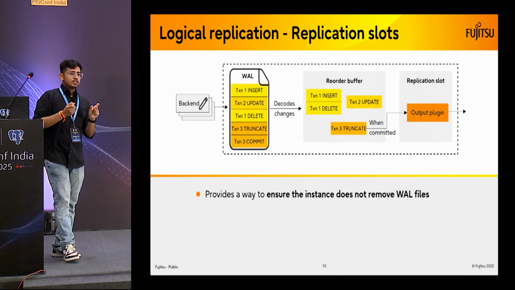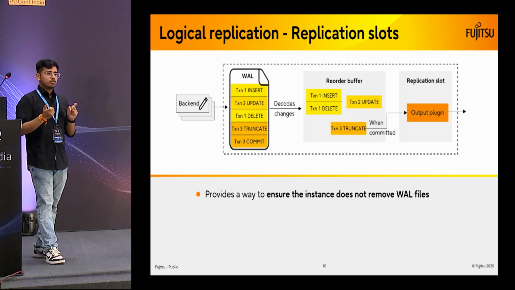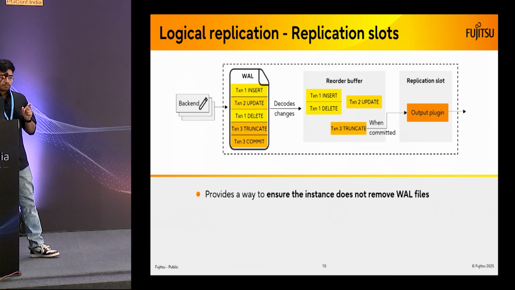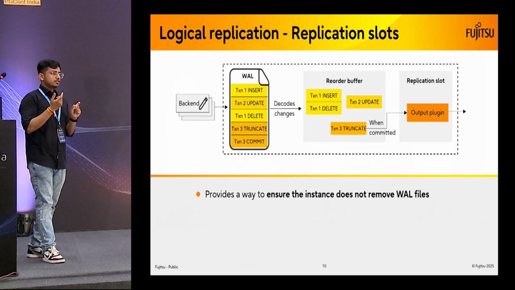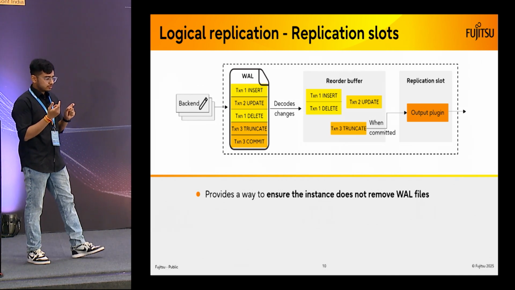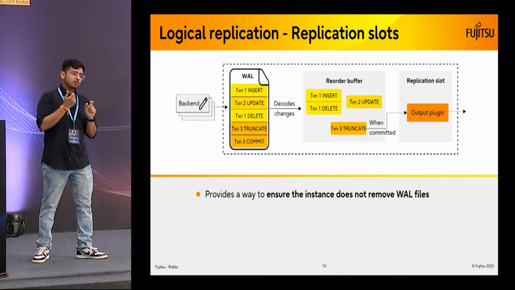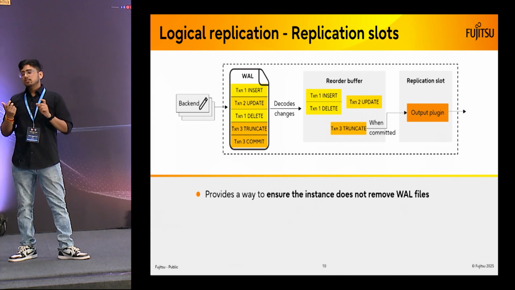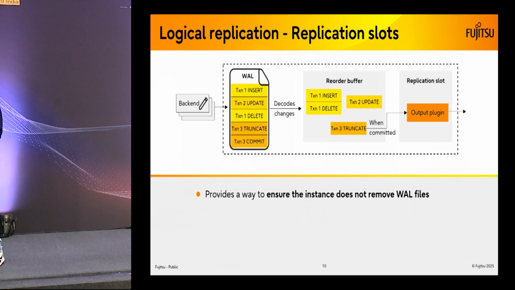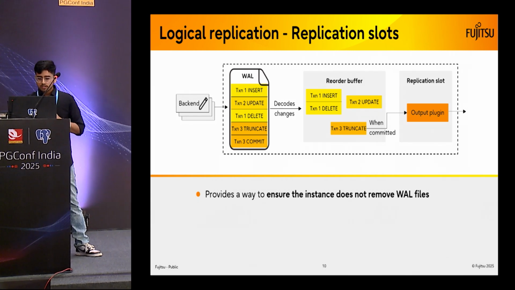And whenever the checkpointer runs in the background, it checks all the replication slots for that LSN value, and it ensures the WAL files which are not yet replicated are not deleted. So the main purpose of replication slots is this.